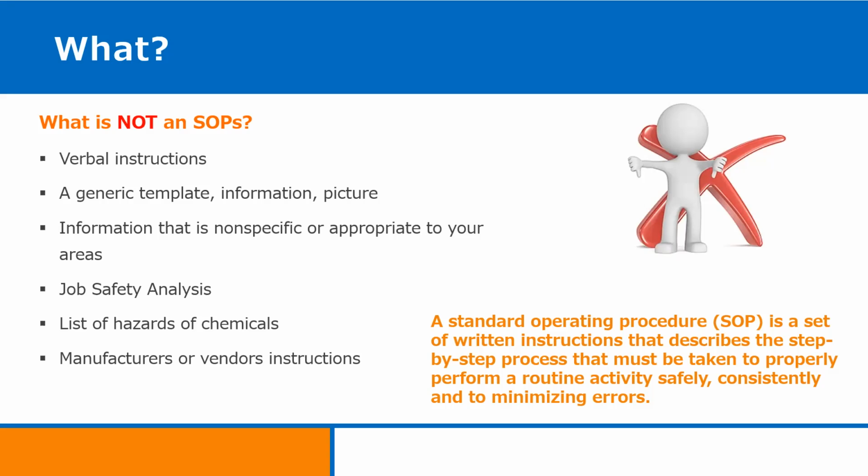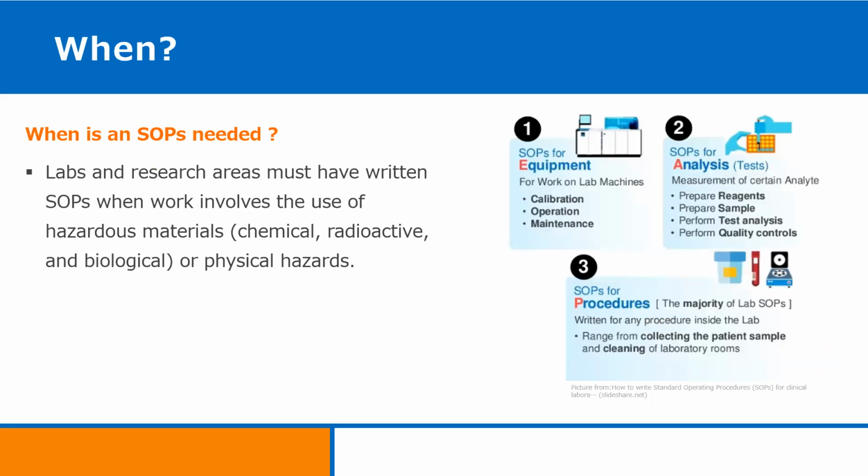Okay, so then what do you ask yourself, like, when should we be writing these SOPs? Obviously, hopefully, if you're already in a lab and already working, you have them in place already. They may not be as good as you would like them to be, and that's why you're here. But really, anytime you're starting a new process.